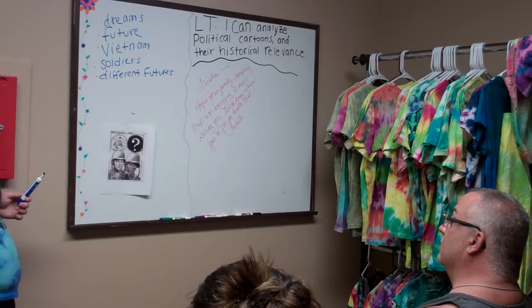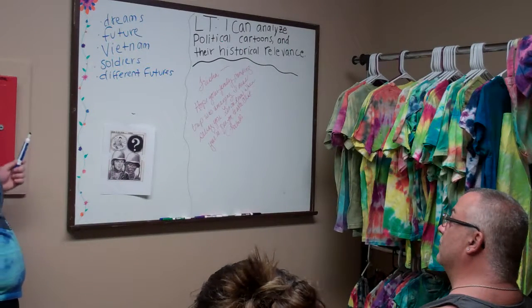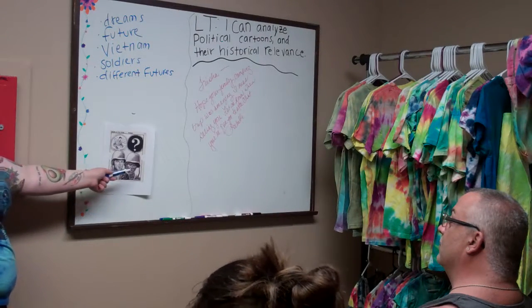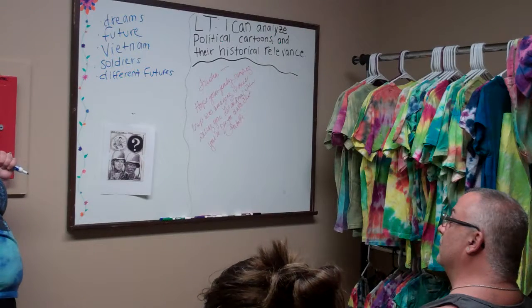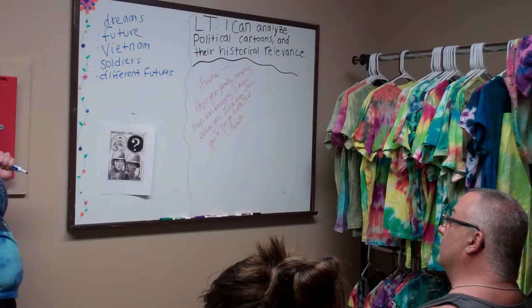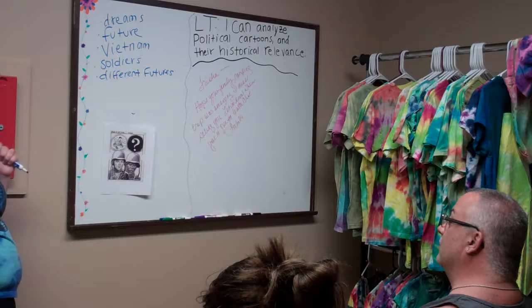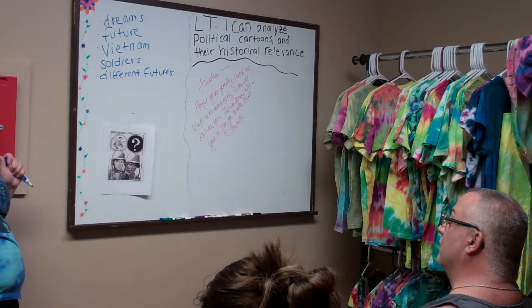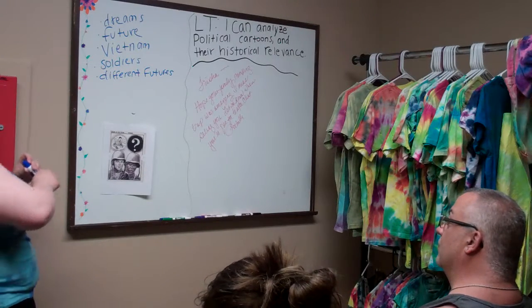Time of Vietnam, Civil Rights Movement. Yep, so the Vietnam War was happening during the Civil Rights Movement. So what do you notice about the difference between these two soldiers? Skin color. One's white, one's black. So what do you think that the illustrator was trying to convey with this? It was unknown to the soldiers in Vietnam, really what was going on in America. Mhm.